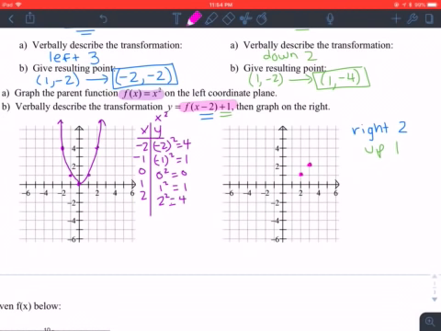Negative 1, 1, right 2, up 1. 2, 4, right 2, up 1. And then negative 2, 4, right 2, up 1. And we get our resulting graph, which is still a parabola. It's still a quadratic function. We just shifted it on the graph right 2 and up 1.